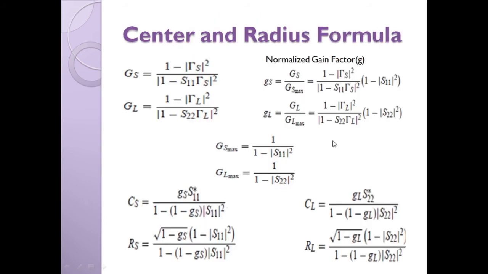Same procedure: the normalized gain factor belonging to the source side, small GS, equals capital GS divided by GS max, that is 1.5 divided by 1.7. Likewise I can calculate GS. Once I find GS, I can find the center and radius of the constant gain circle belonging to 1.5 decibel gain.